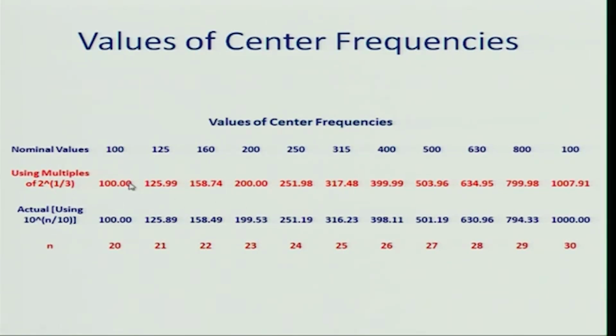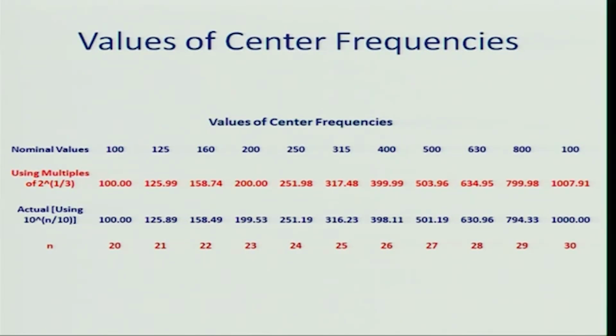So these frequencies in red and blue, they are pretty close for practical considerations. That is why this is known as 1/3 octave band. Because if you are constructing 1/3 octave band, you will have to multiply by 2 to the power of 1/3.